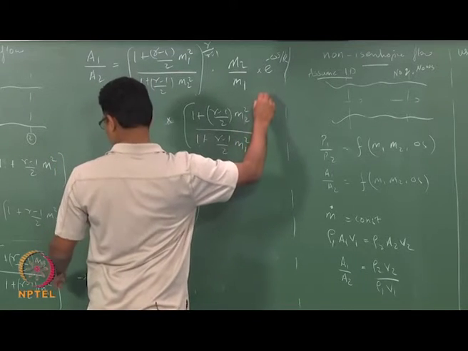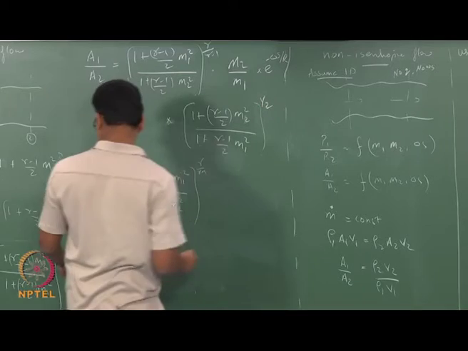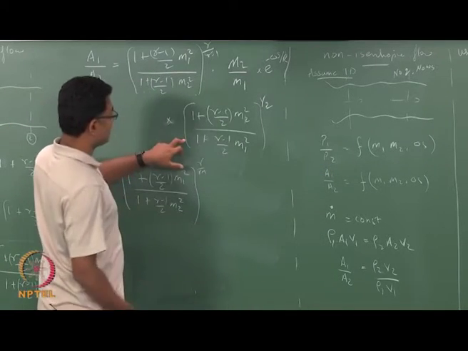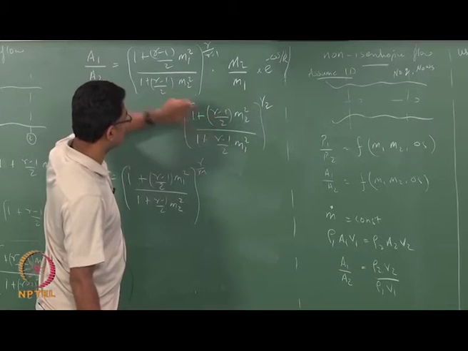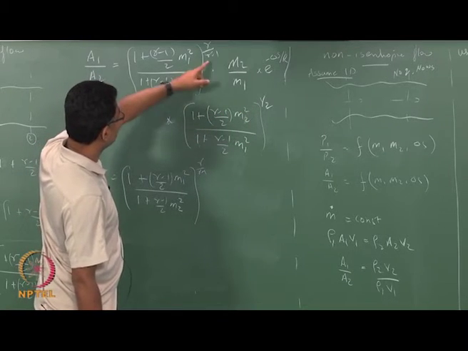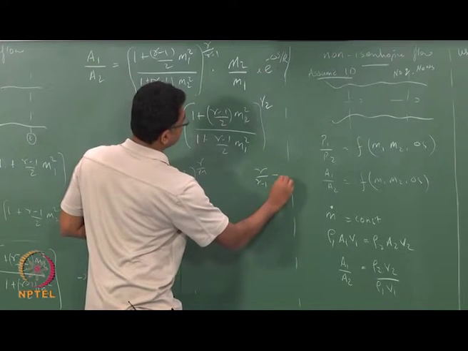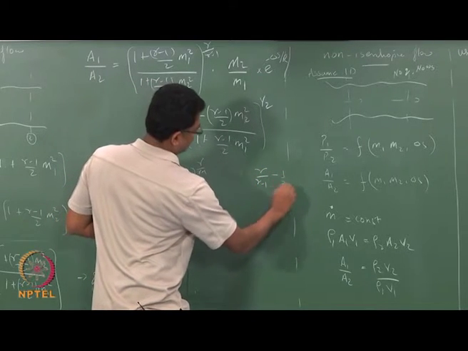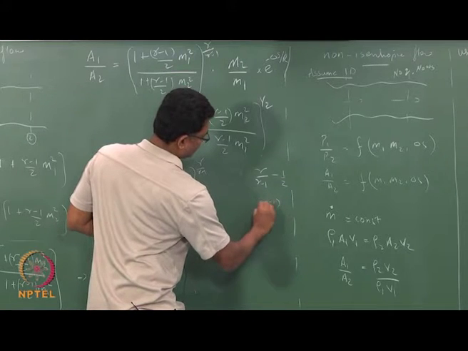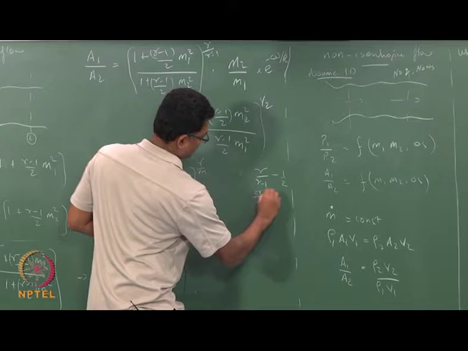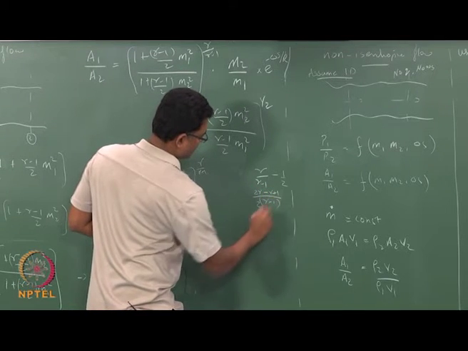There is a 1 by 2 here, there is a 1 by 2 there, that is root of T1 by T2. So, this would be minus 1 by 2. So, gamma by gamma minus 1 minus 1 by 2. So, this would be (gamma minus 1) into 2 gamma minus gamma plus 1.